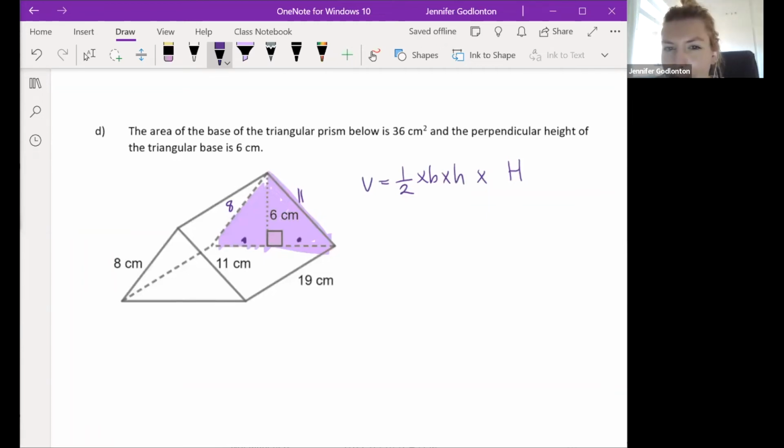Then I said volume equals half times 11. Is 11 your base and your height? Your height is 6 over here. That's your height. This line down here, that would be your base. We don't have that. Oh, thank you, ma'am.